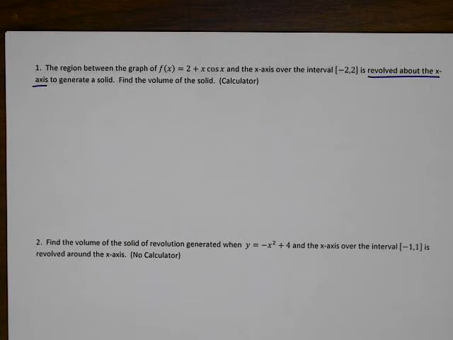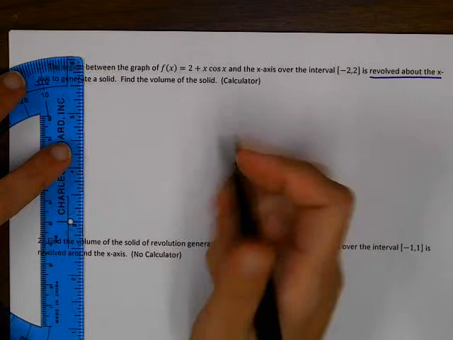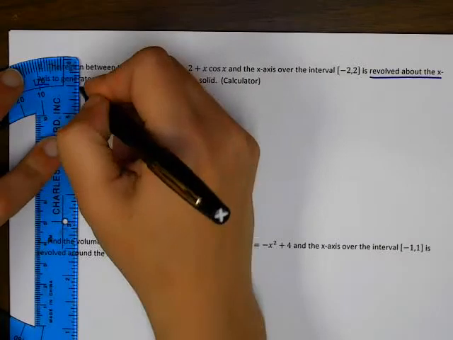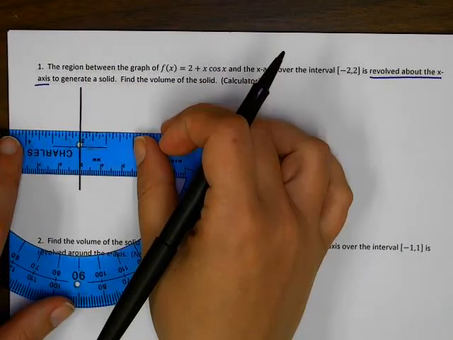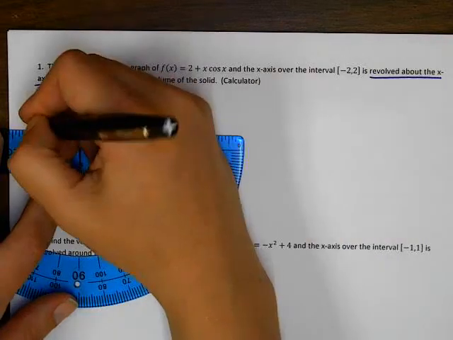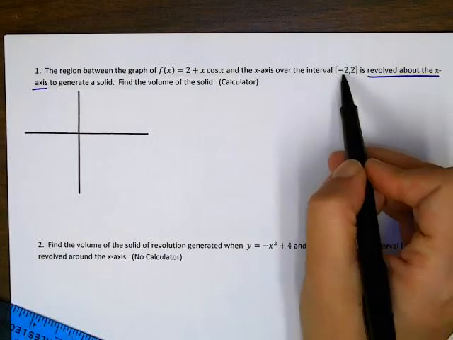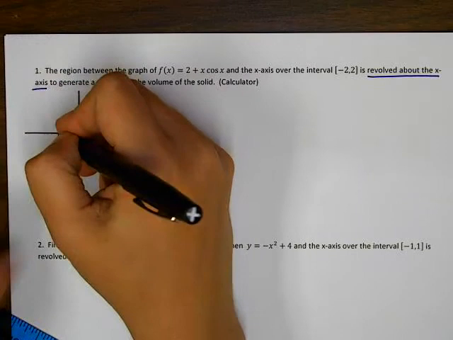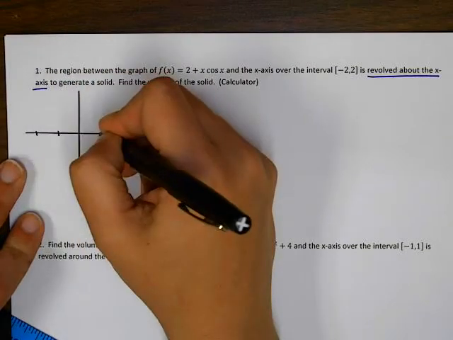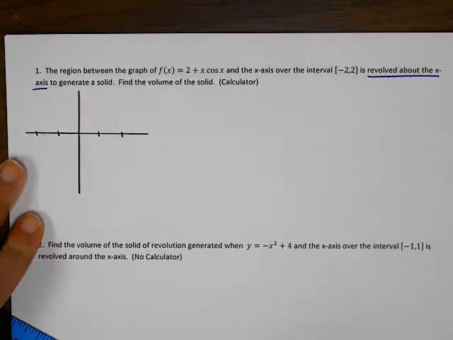The first step I would have here is to draw a really good picture. So I'm going to go ahead and set up my axes. Now it specifically says here in the question that the x values go from -2 to 2. So I'm going to go ahead and go like this and go like this.